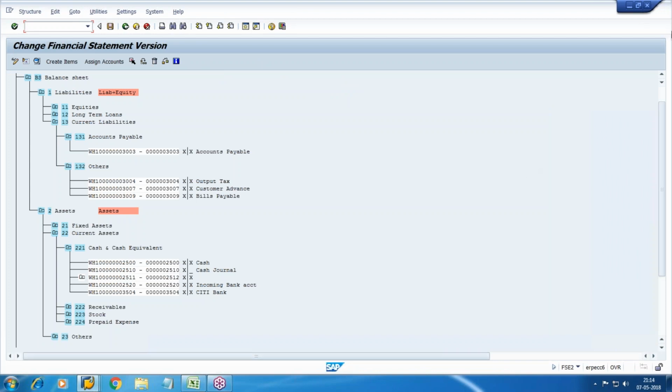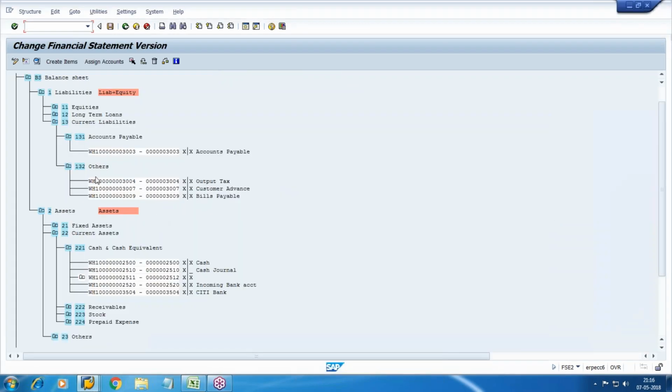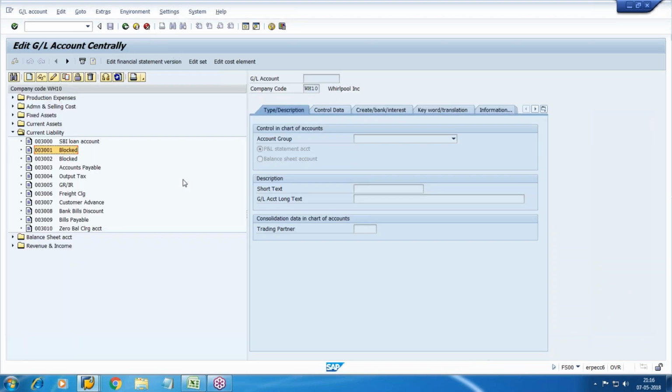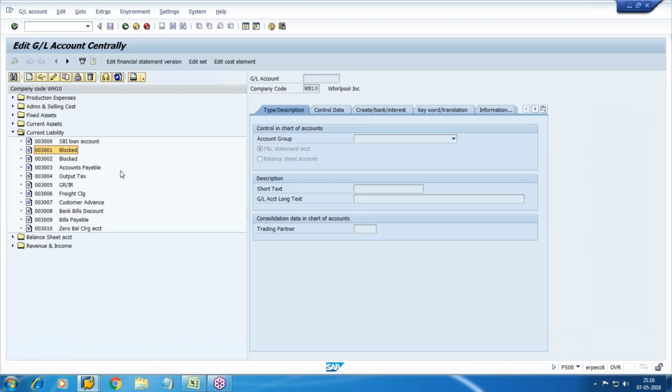Just give me 1 minute. We need to adjust these two accounts. Some transactions are there. 3001, 3002.